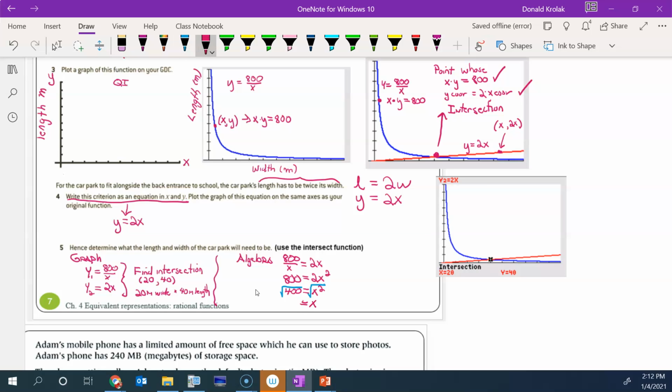I get x equals plus or minus 20 meters. Okay, now you can see that you can get rid of the negative because you can't have negative length. So I don't have to worry about the negative answer. Okay, so I know my width is 20, and then I can get my length by doubling it.